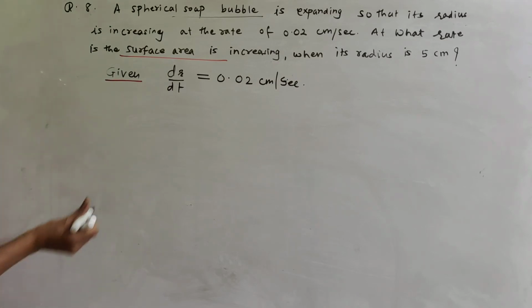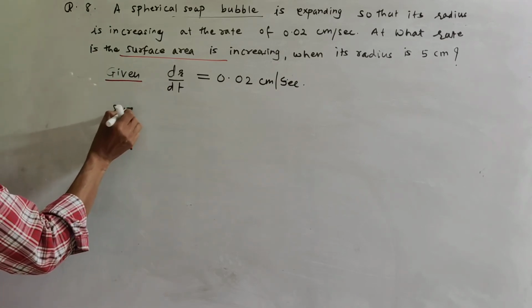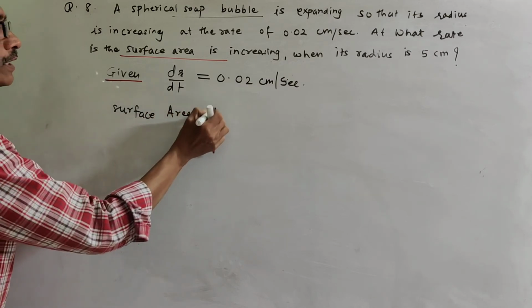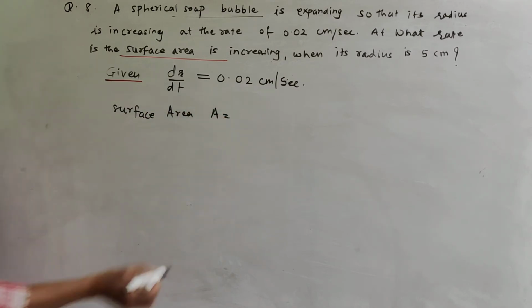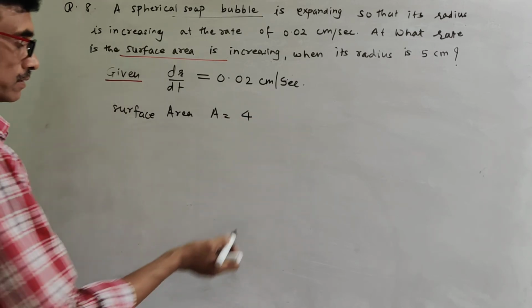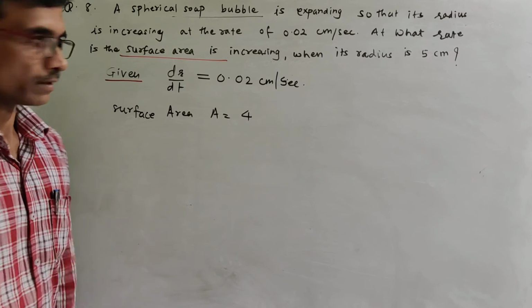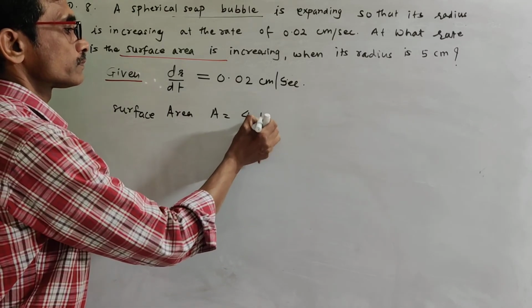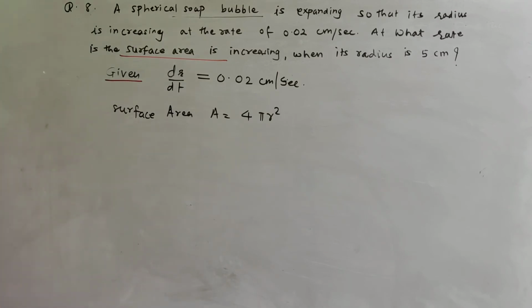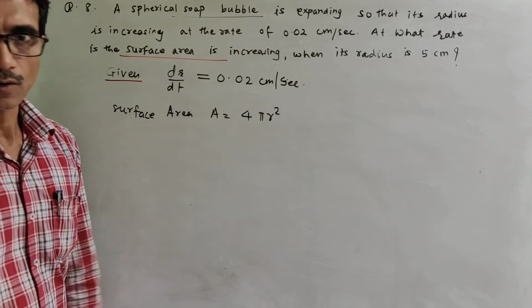So what will be the surface area? We denote surface area by capital A. We consider the soap bubble as a sphere, so surface area is 4 pi r square.